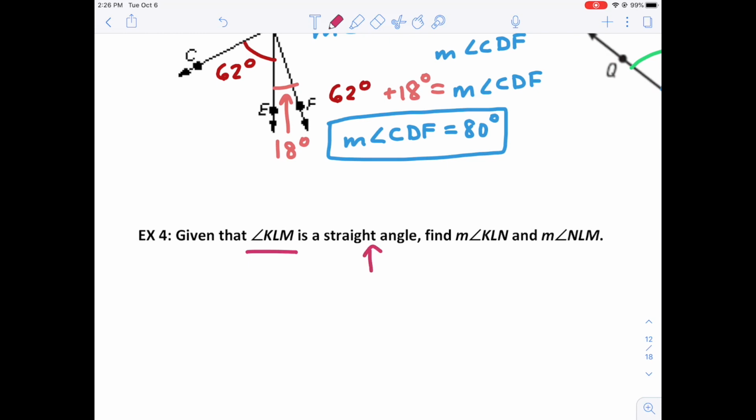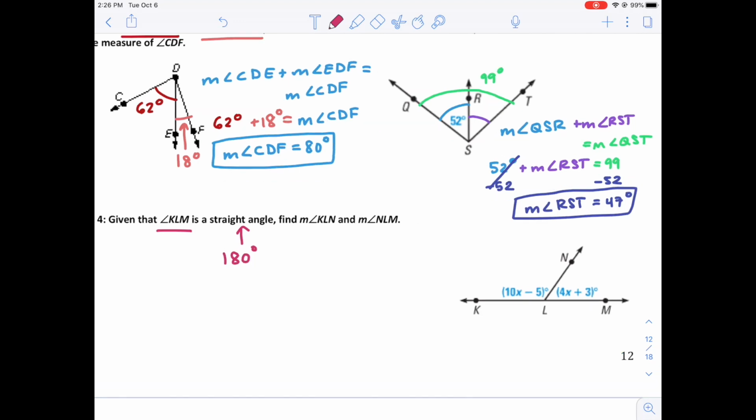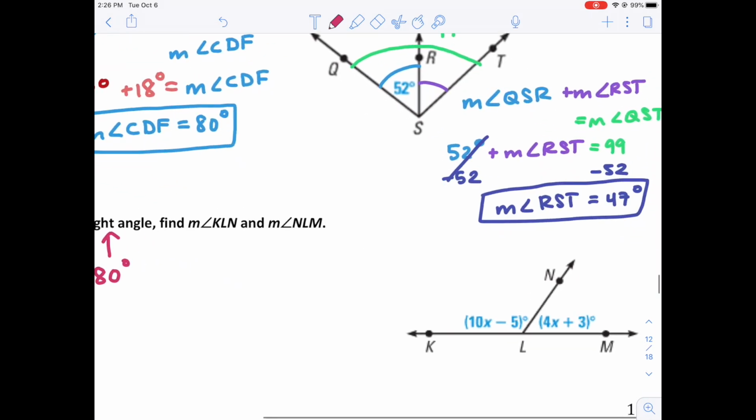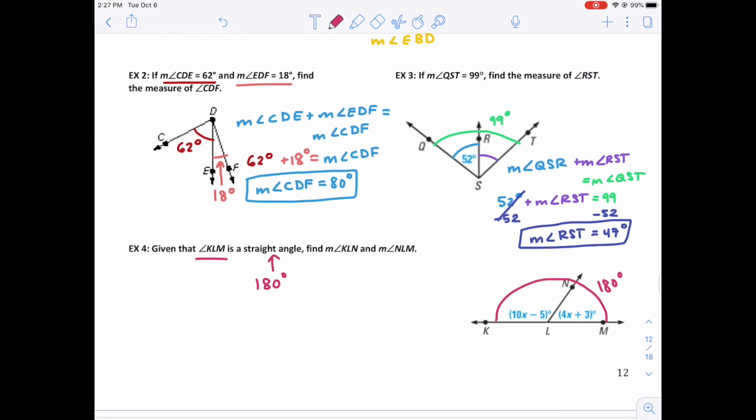If you said anything but 180 degrees, we got to go back and practice. So a straight angle is 180 degrees. So on my diagram, KLM, K to L to M, that whole thing is 180 degrees. So think to yourself, based on my picture, based on where all the points are located, is that going to be one of the parts or is that going to be the whole?